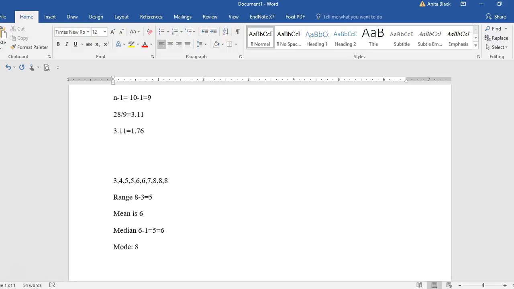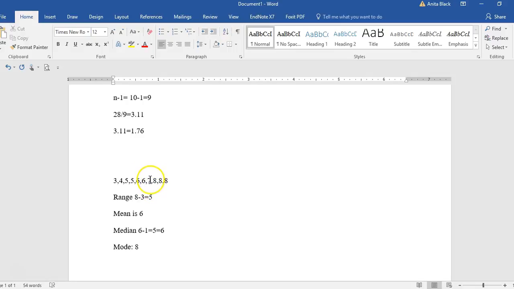What we look at sometimes is how many standard deviations a number or a score is from the mean. So if we go 1.76 from our mean of 6, that is 7.76, right?